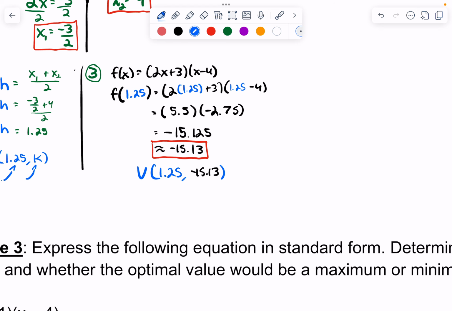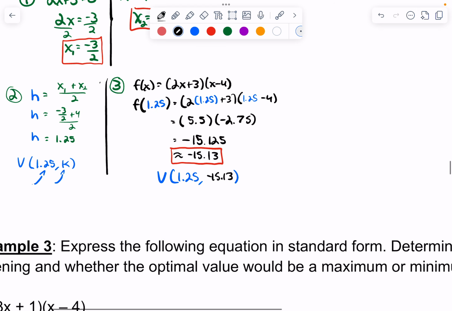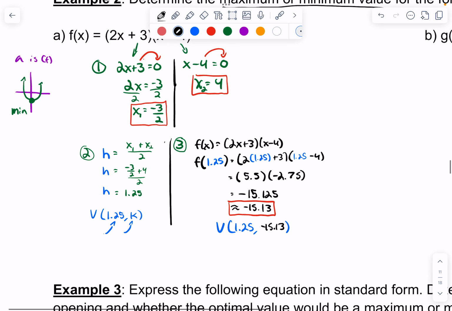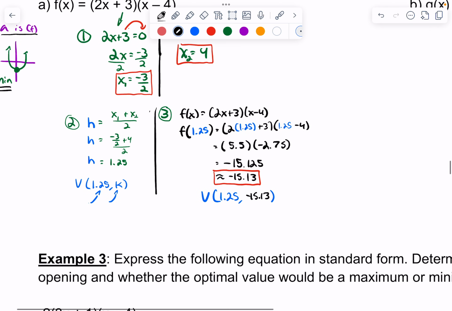And that negative 15.13, as we mentioned above, is a minimum because the a was positive. So therefore, a minimum at negative 15.13.